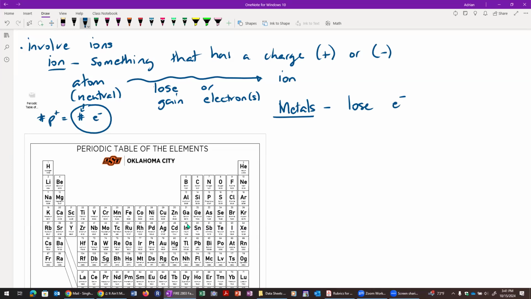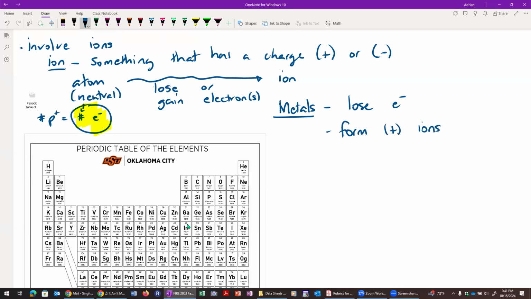On the left and the middle, that's where metals are generally found. When you lose electrons, you're taking away negative charge. So whatever you end up with should have a positive charge. Right? So we end up forming positive ions.